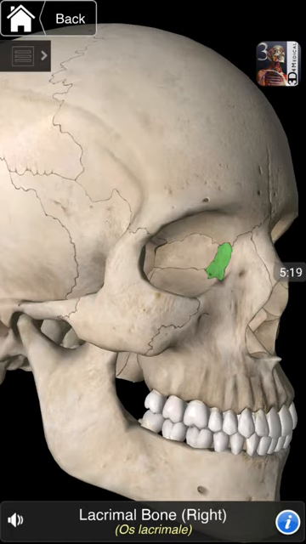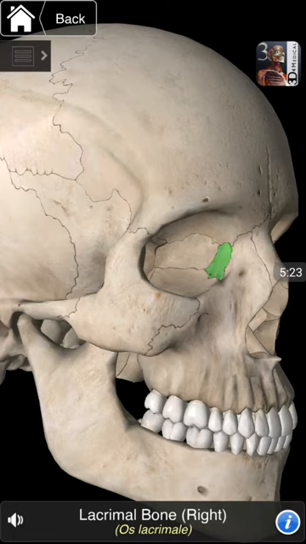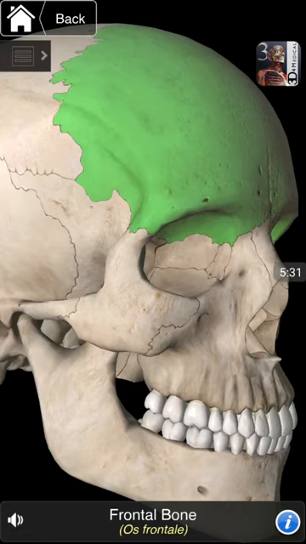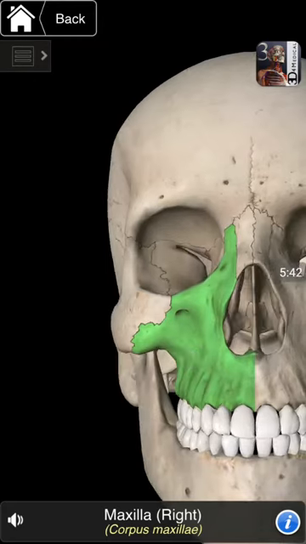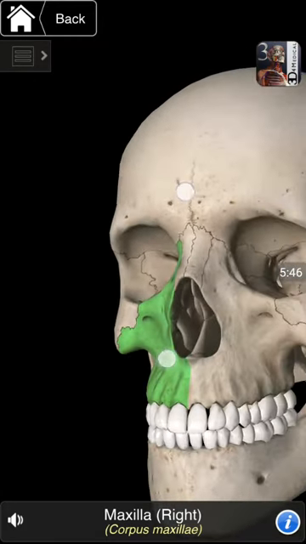This lacrimal bone makes sutures with the ethmoid bone, superiorly with the frontal bone, and anteriorly with the maxilla.